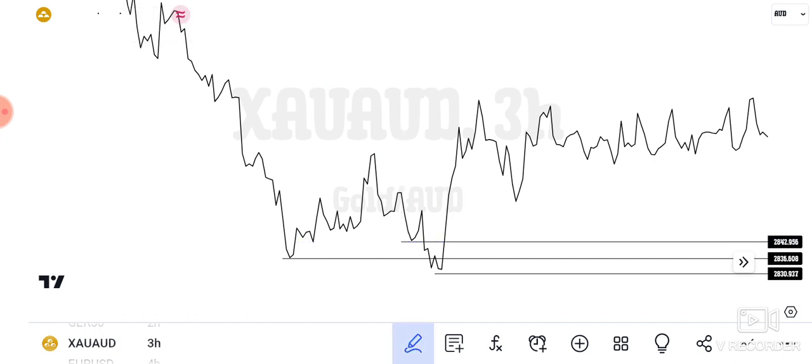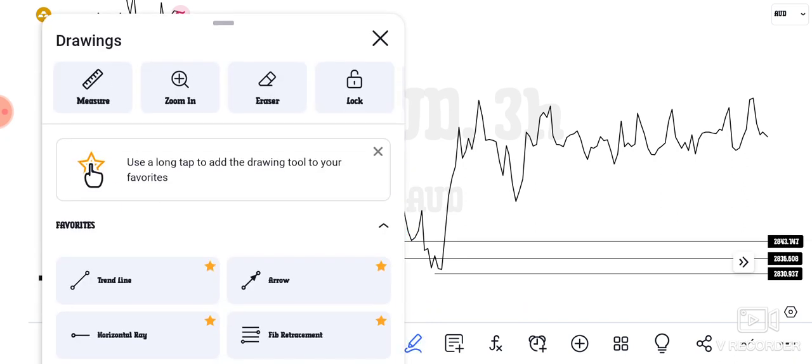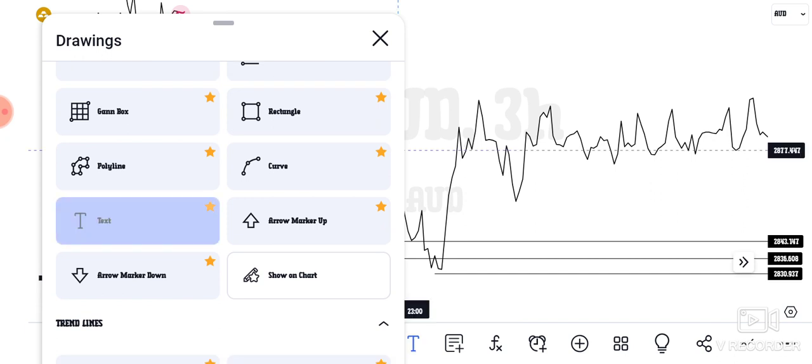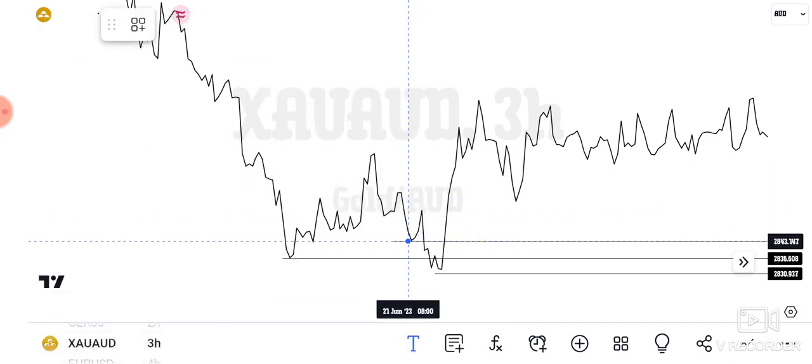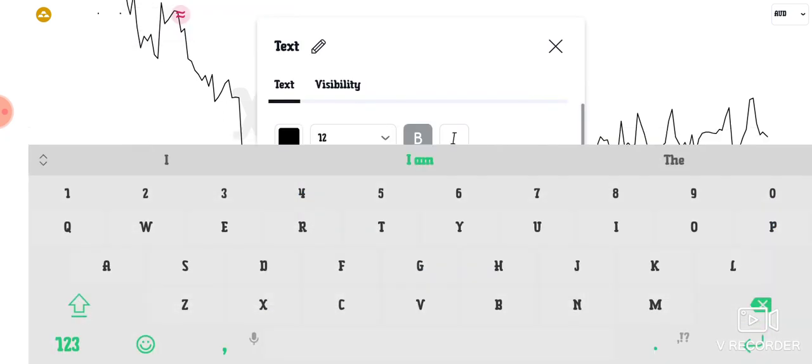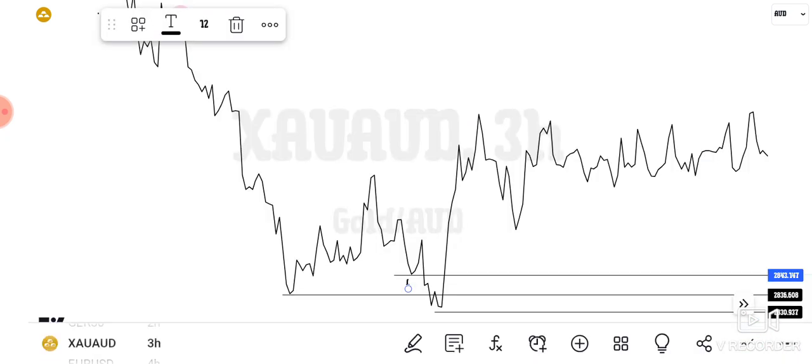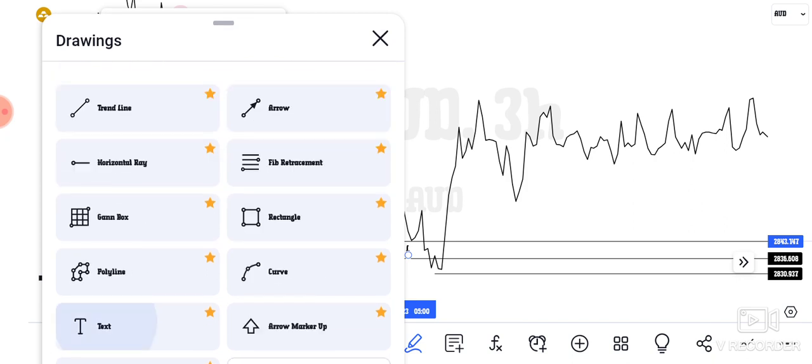This one is very deep. It's for the people who know these things. So this is a low. Then we have a high.